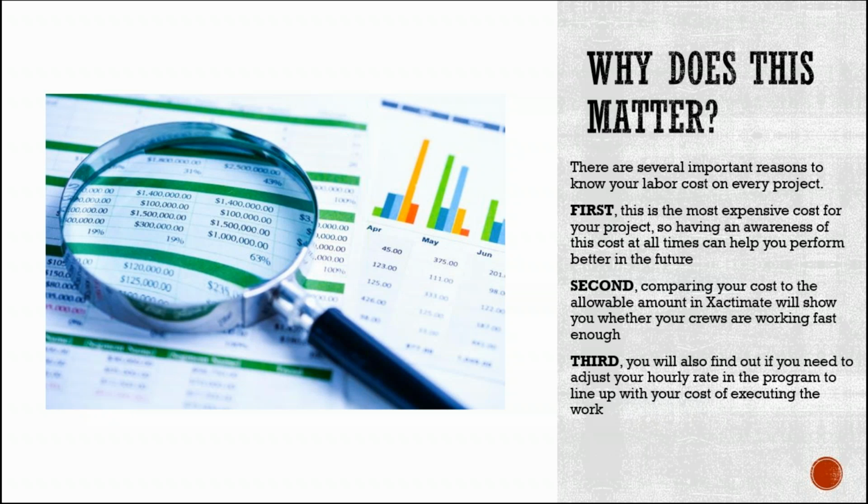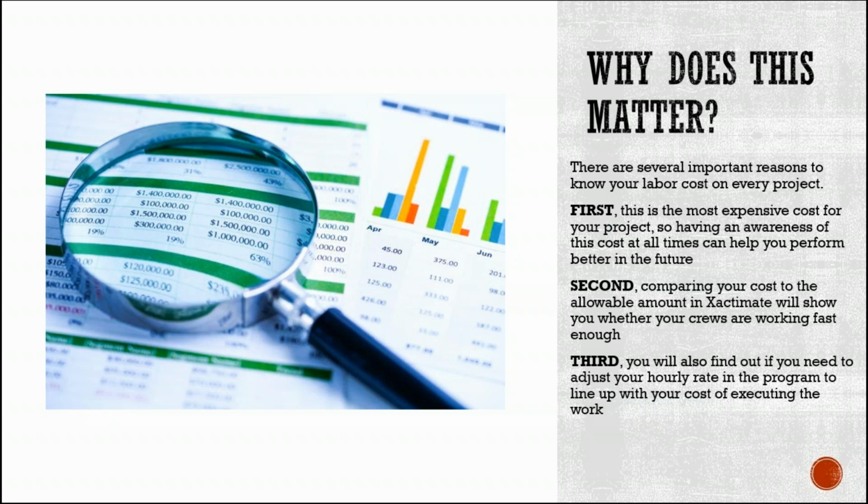So you can look at that number of the assumed rate of production and compare it to the rate of production that your guys actually did on a project. This tells you that if you're working longer hours than what Xactimate allows, one of two things is happening. Either your guys are working too slow, or you're not writing your estimates and invoices properly. So let's make sure we are able to discern which one is which.